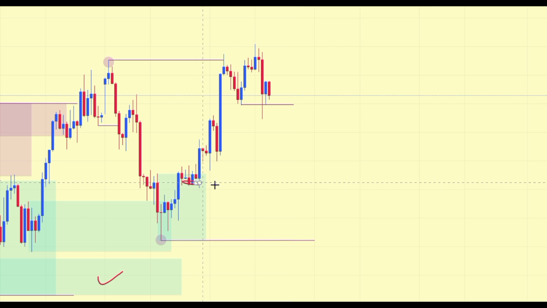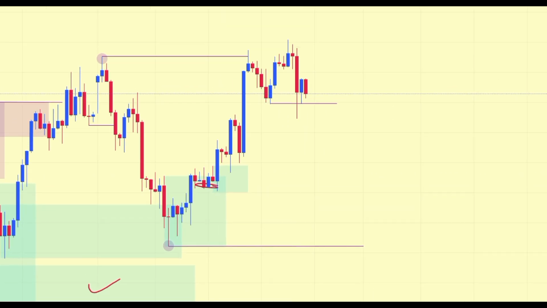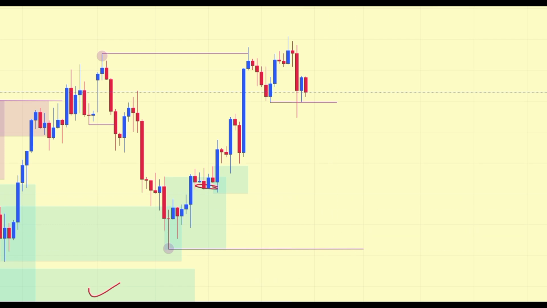So on to the next, you can clearly see this one here is the next, and this next one is mitigated, however, by an invalid pullback right here. This mitigation is by an invalid pullback. This means that this extreme order flow is still valid.